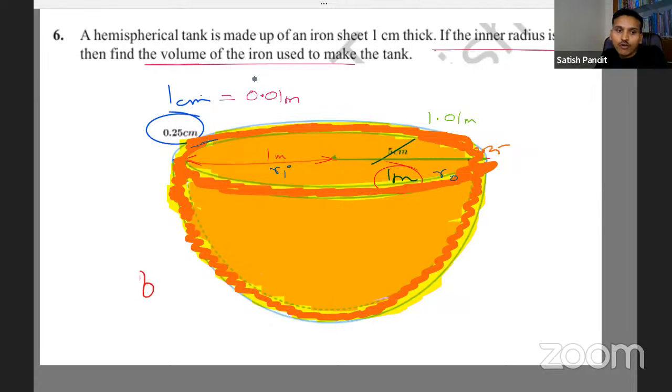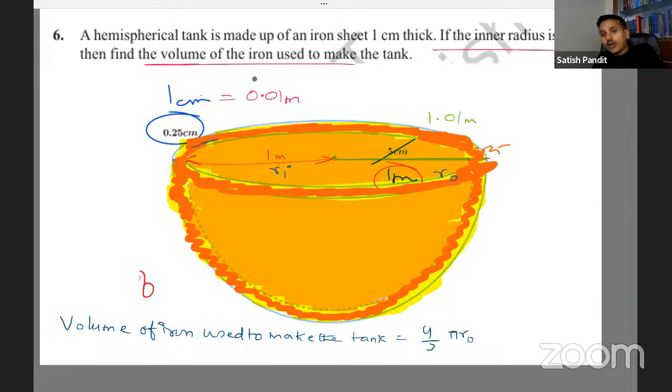So the volume of iron used to make the tank is equal to 2 by 3 pi R naught cube minus 2 by 3 pi Ri cube, since it's a hemisphere, right? So the volume of the hemisphere with the outer radius minus the volume of the hemisphere with the inner radius, okay?